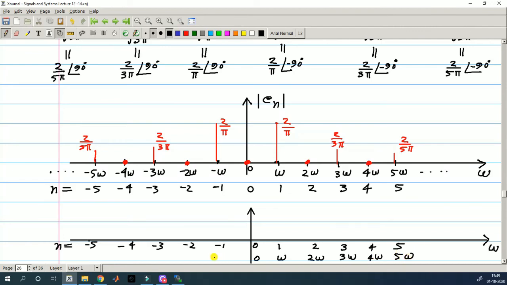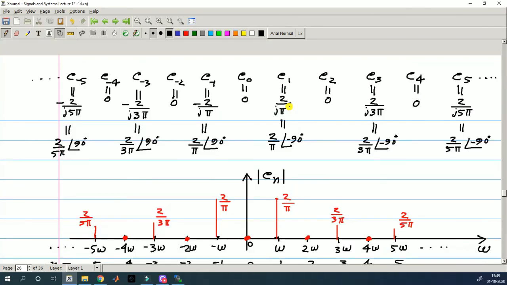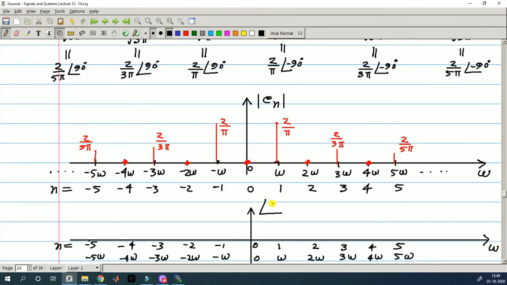Here as well, minus omega, minus 2 omega, minus 3 omega, minus 4 omega, minus 5 omega. Then along the vertical axis, we will plot the angle of these Cn's.